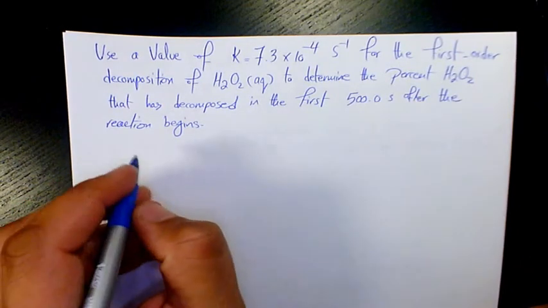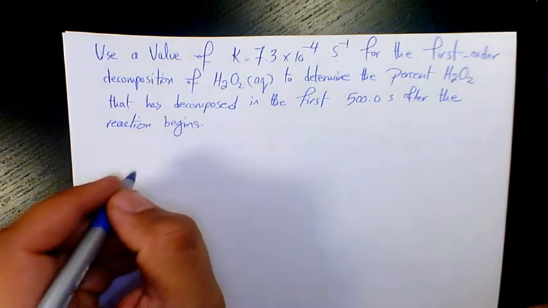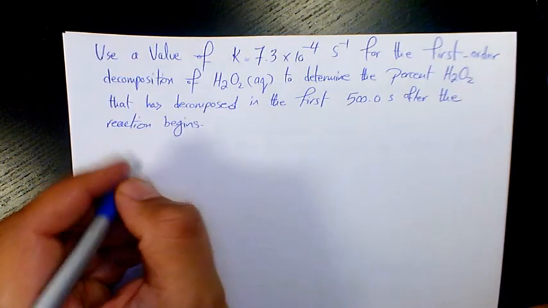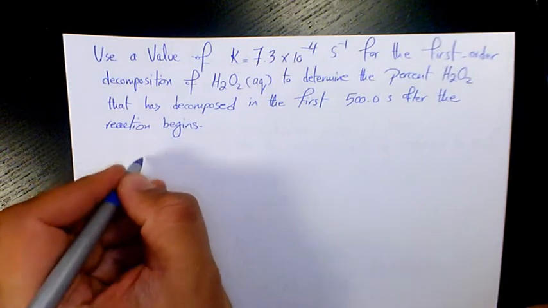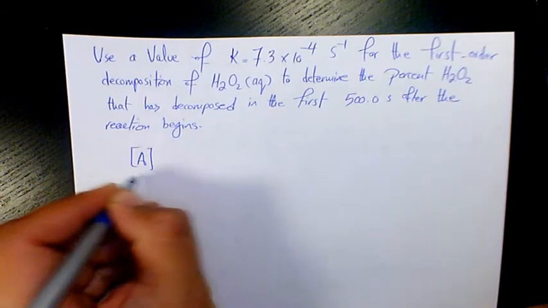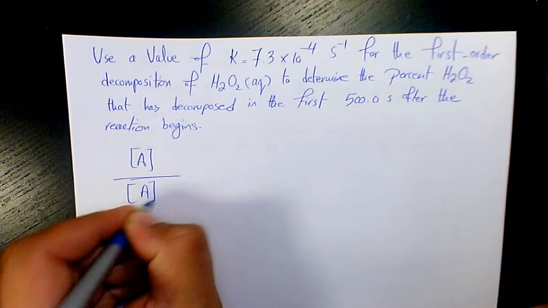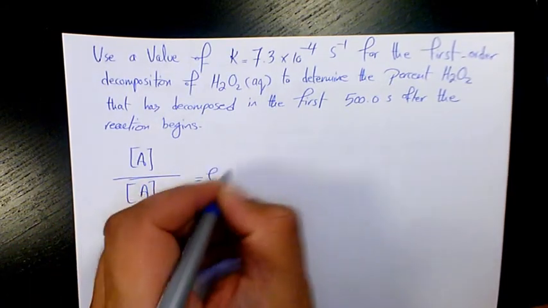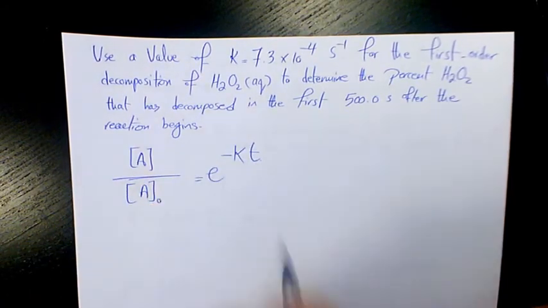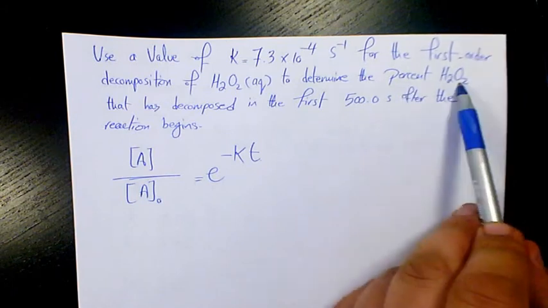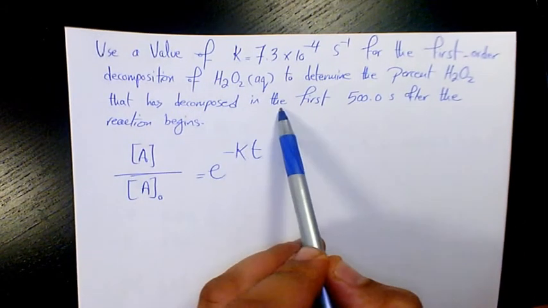So if I write the equation we already developed, it's going to be A over A naught equals e to the power of negative KT. It says percent H2O2 that has decomposed.